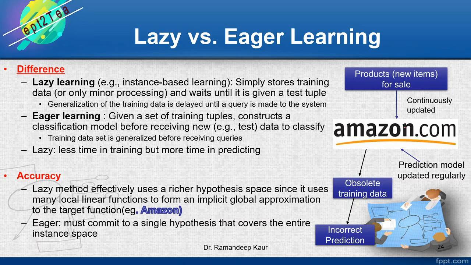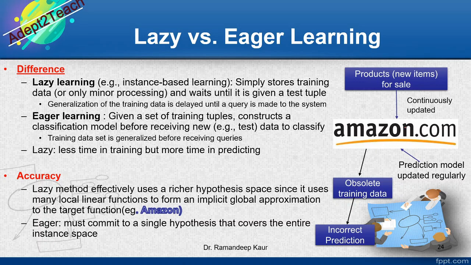If I have to define it, lazy learning is instance-based learning. Instance means as soon as the problem approaches, you start working on it, you start to process it, and then you obtain the output. You will not do any pre-computation. You will not make a model beforehand.